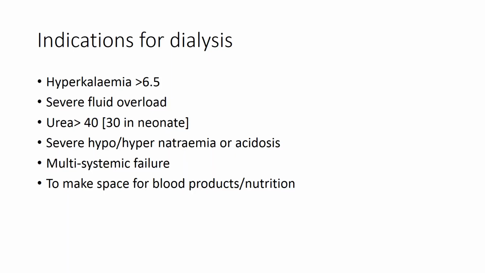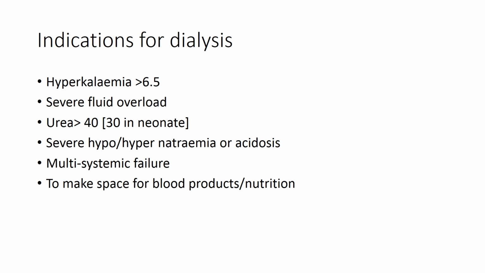So obviously, if any of those conditions for managing patients conservatively fail, we're going to need to institute dialysis. So if your patient who is anuric has a potassium greater than 6.5, that's an indication for dialysis.